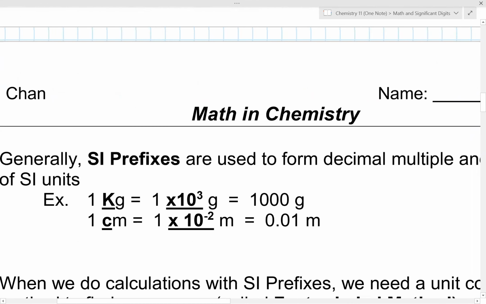The letter K represents times 10 to the 3. Okay, and the C represents times 10 to the negative 2. These are common ones that you'll probably be familiar with early on in Math 8 or Math 9.